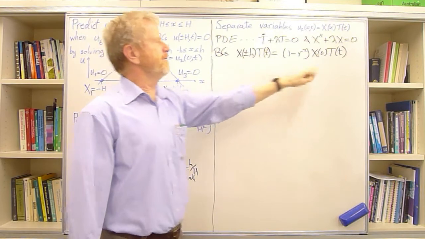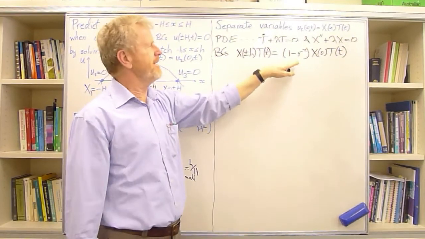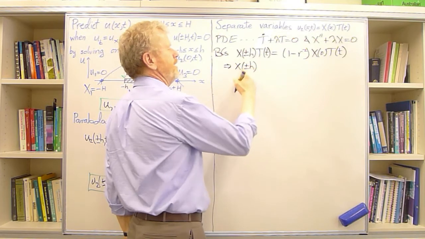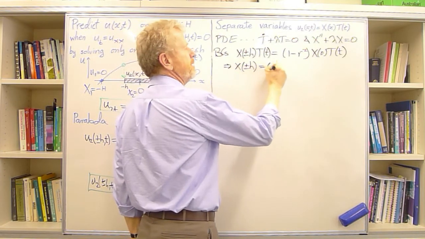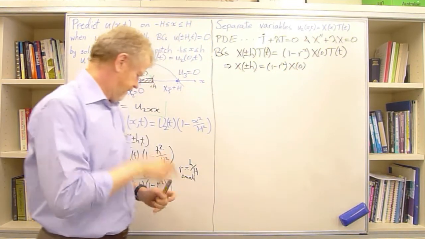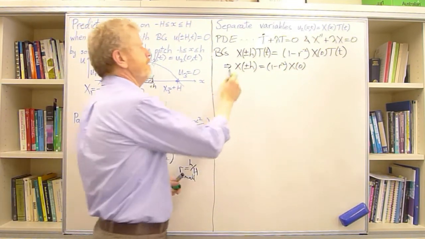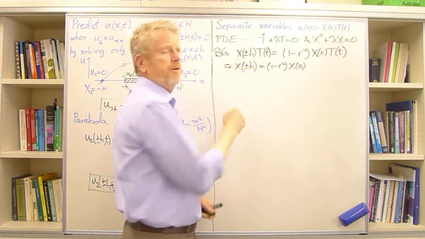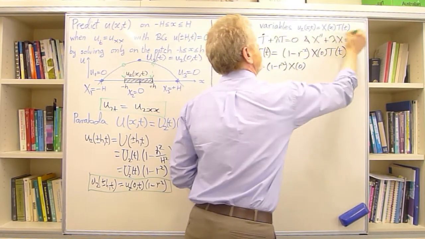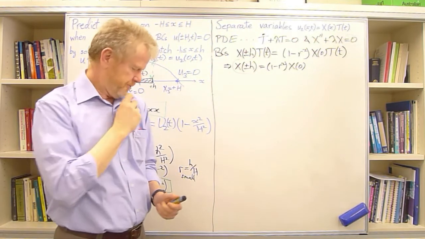So we reject T of t being 0, and what must then happen is that X of plus or minus h has to be 1 minus r squared times X of 0. And this is a pair of funny boundary conditions for the spatial structure.